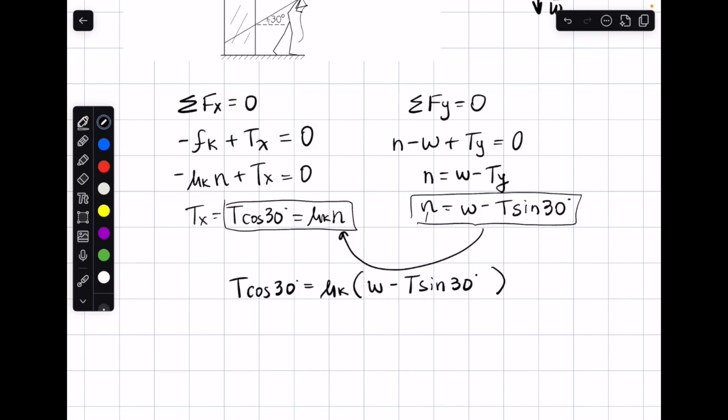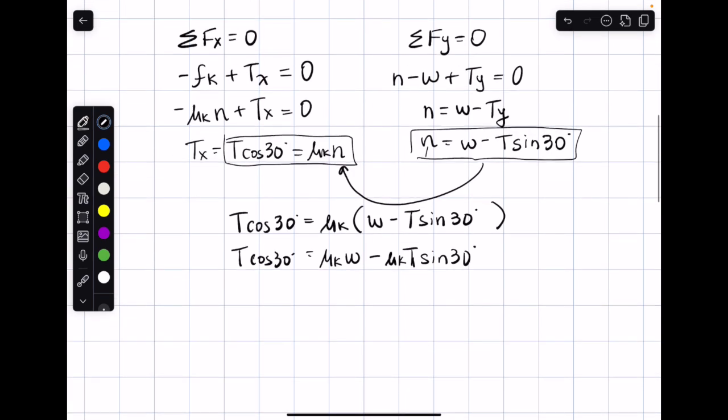So let's just leave it as W for now. I'm going to group all my T's, what I'm solving for, onto one side. So that's going to leave me, if I distribute this, if I do all the algebra steps, I'll do mu k in the front. Okay, I distributed that.